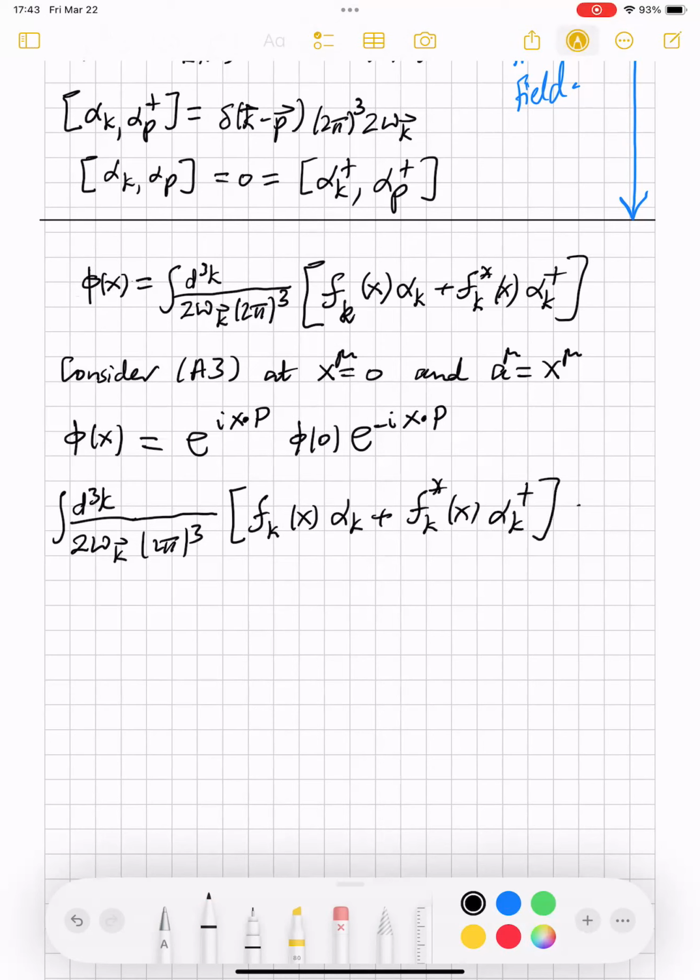Now, when I act with e to the minus ix dot p, let's take a look.